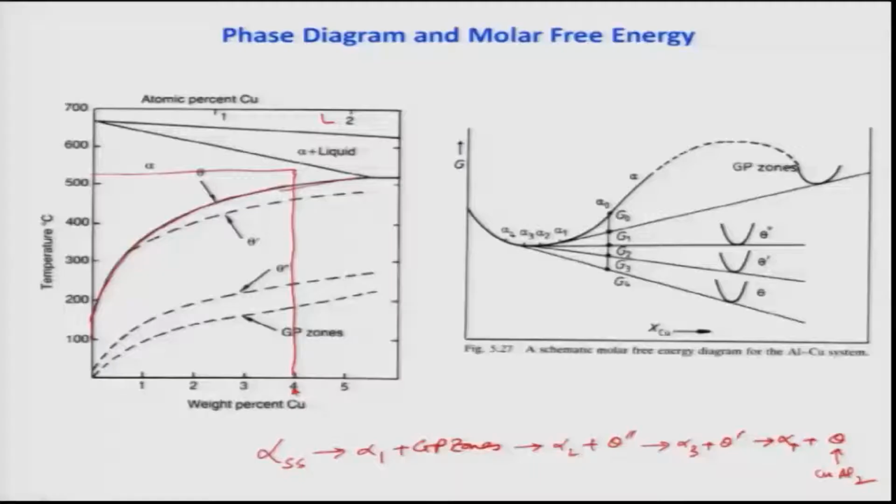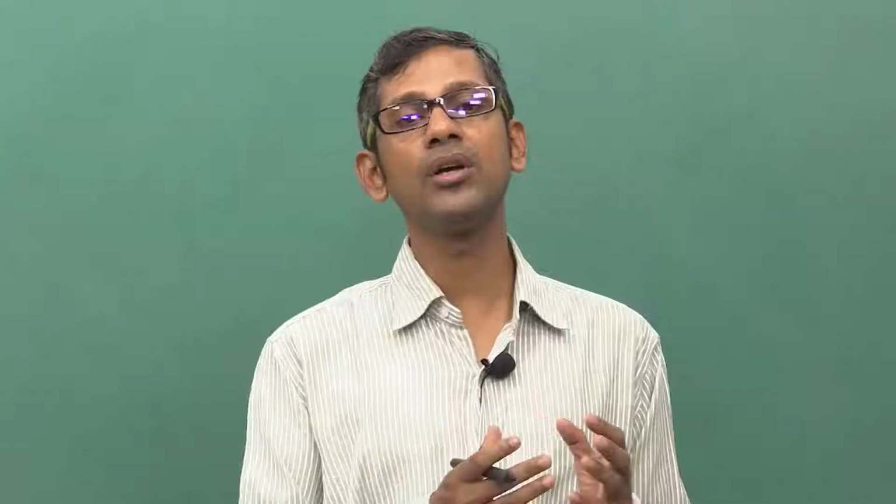copper. Why? Because as these phases form, this is GP zones, theta prime, and finally theta, which is basically an incoherent precipitate having a body centered tetragonal structure, it takes out the excess copper which is there in the supersaturated alpha solution.